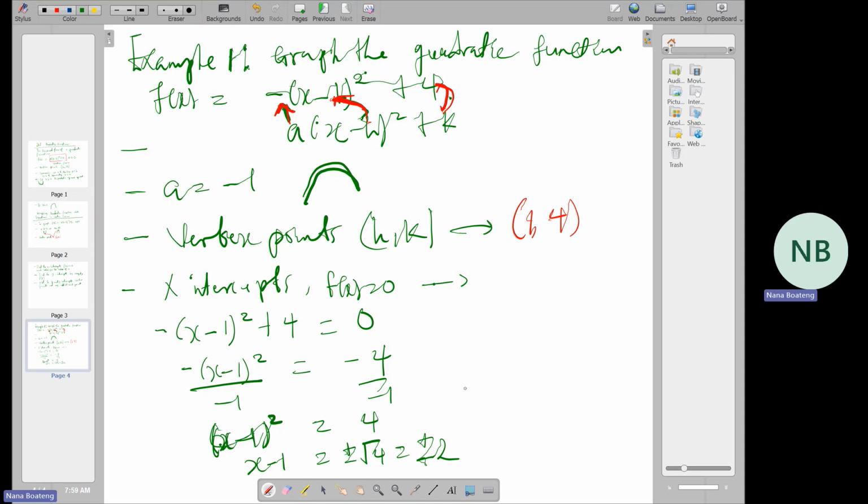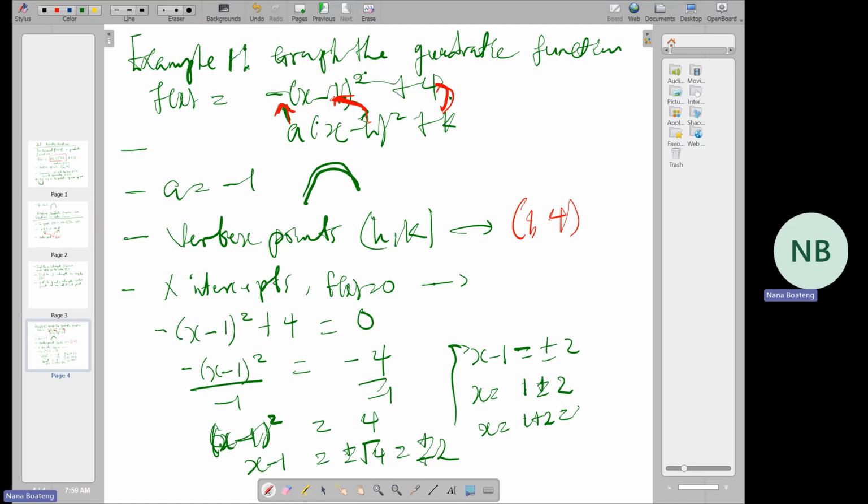So x minus 1 is equal to plus or minus 2, so x is equal to 1 plus or minus 2. That means x is equal to 1 plus 2, which equals 3, or 1 minus 2, which equals negative 1.